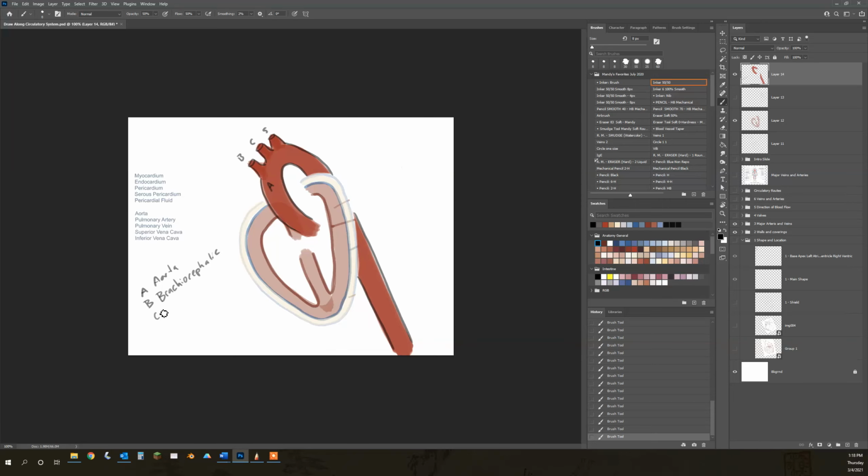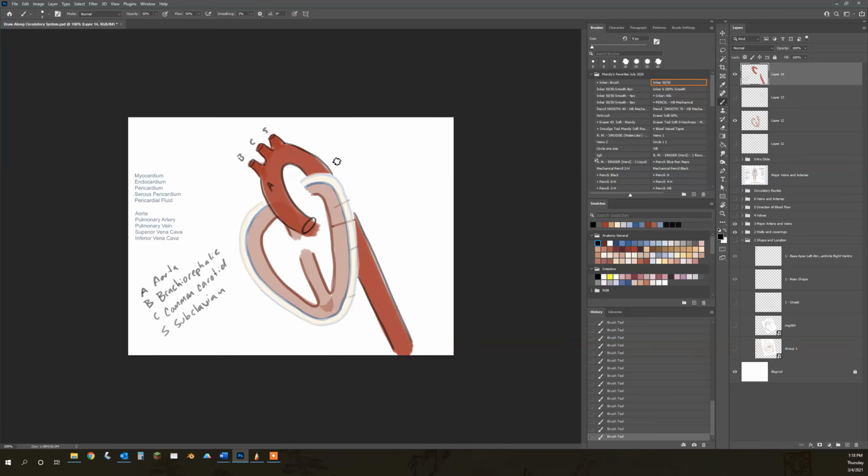C is the common carotid. And S is the subclavian. And as you go on and study anatomy, you'll find there's lots of little rhymes and things like these, ABCs, to remember things. Anyhow, we'll talk about the valves here in a little bit.